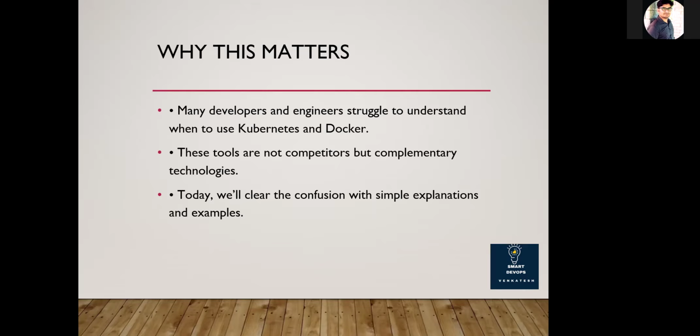As I said in my previous videos, building and deploying an application used to take so much time, and an application developed on one OS would not work on another OS. Those types of issues were happening in the olden days. That's where the image concept, the container concept, and Docker evolved.